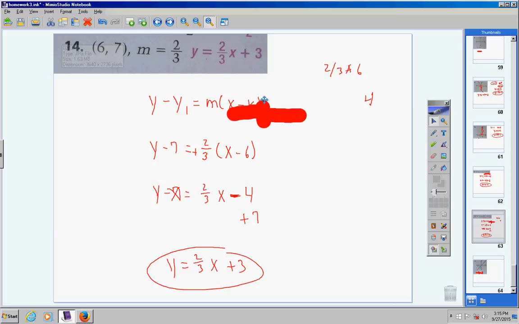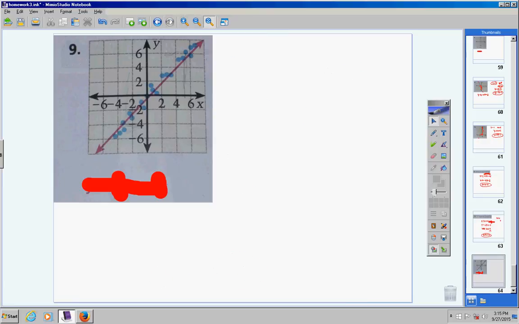All right, moving on to our last problem finally. And here we go. This is a scatter plot. They want us to write a linear equation that models this information. Now, we did this in your homework already about a week ago or so, but I needed one for you to practice, so we're going to do a problem that we've done before.